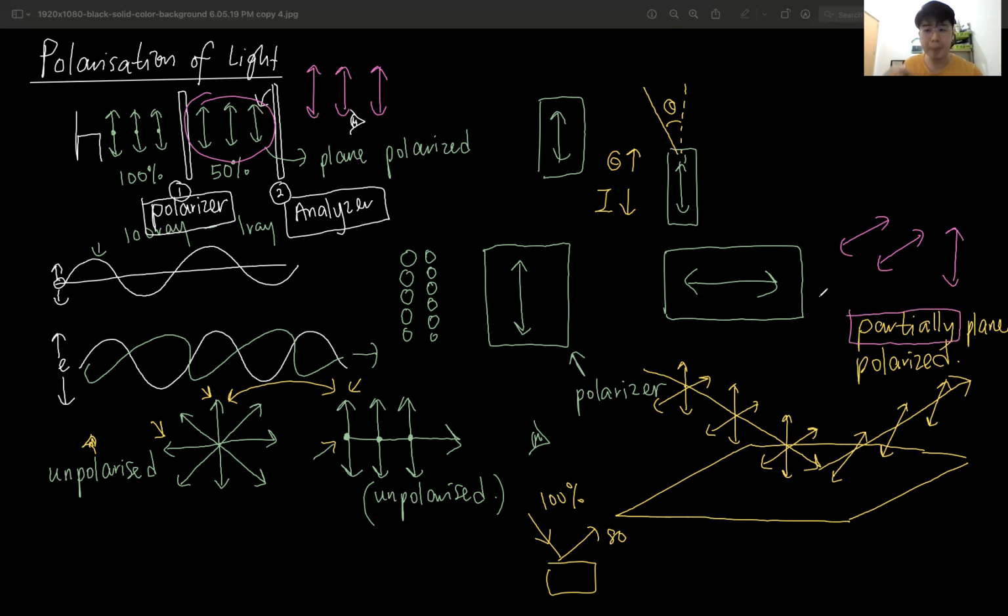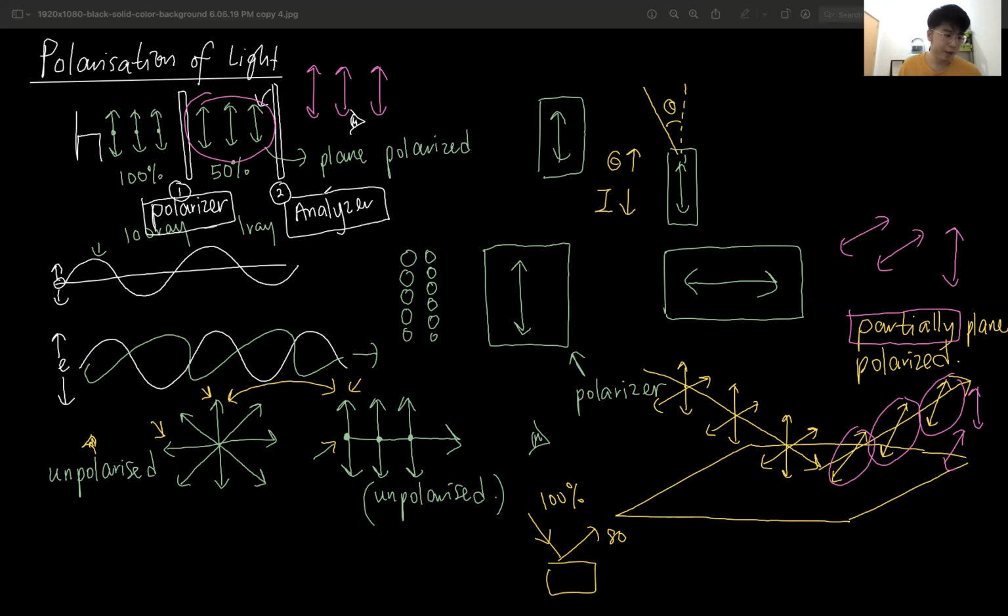Reflection is partially plane polarized, but not as good as the analyzer. The analyzer can make it all plane polarized, but the reflection is just partial. So you will find mostly horizontal, yes, but sometimes you'll find a vertical or a diagonal, something like that. Okay, different directions.